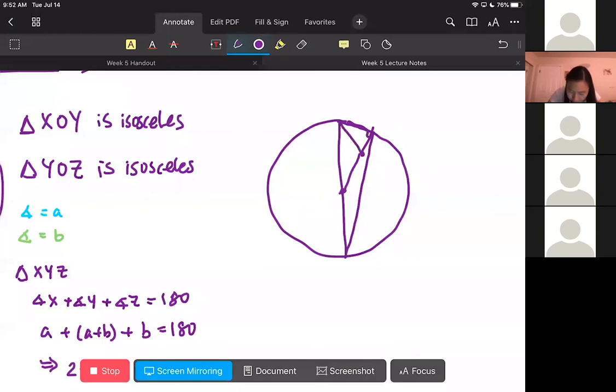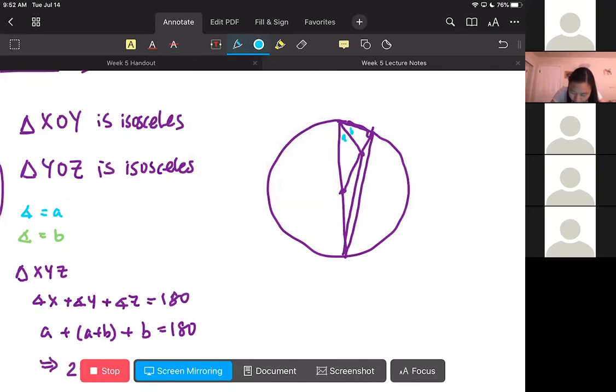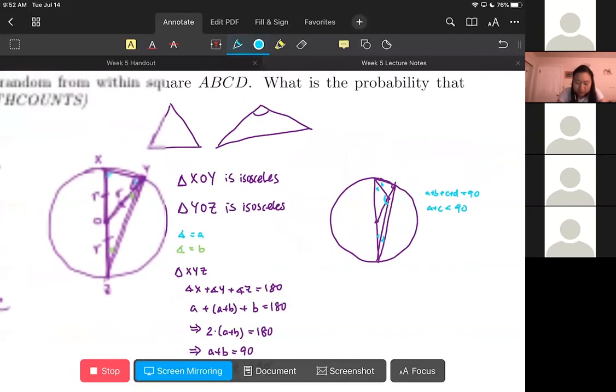And then I can draw this triangle over here. Again, we can label these angles A, B, C, D. So we know A plus B plus C plus D equals 90 because of what we just proved, which means A plus C is less than 90. So this angle over here must be greater than 90, so it's obtuse. Does that make sense to everyone? Cool.